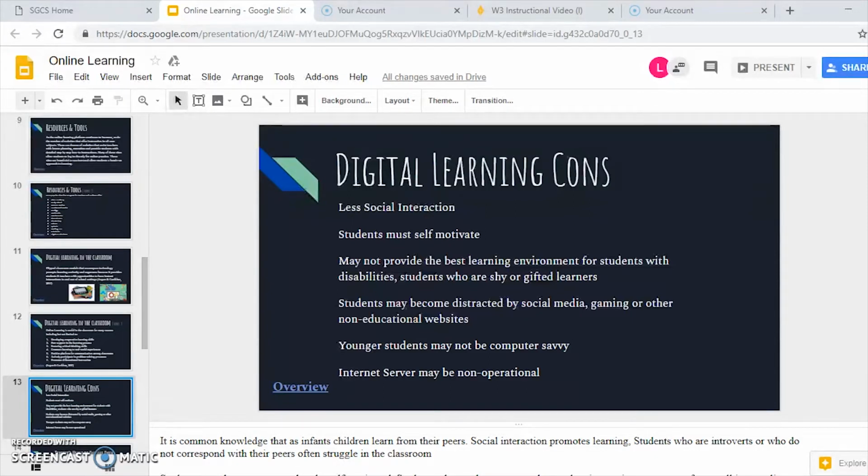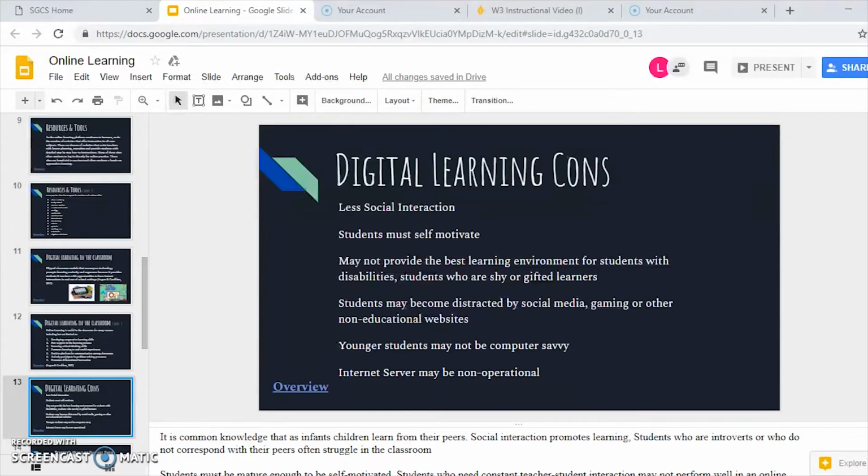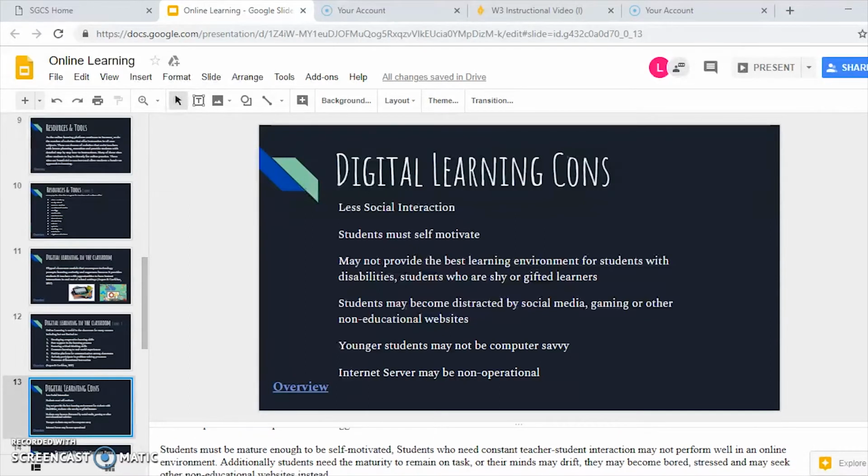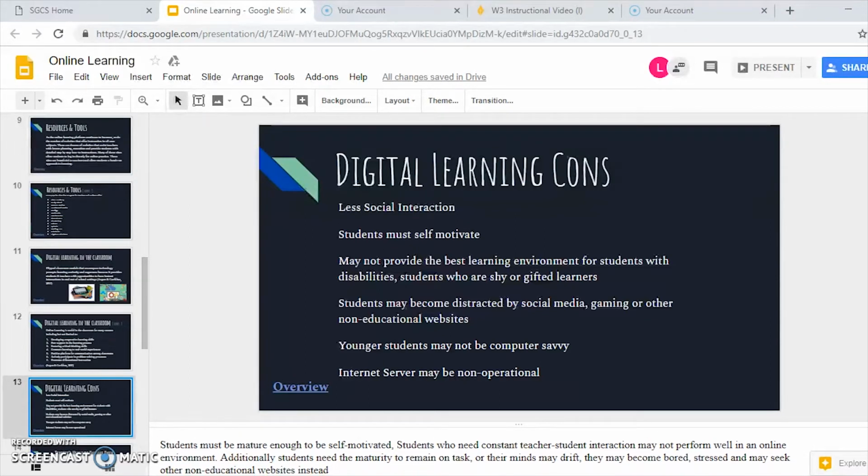It is common knowledge that children learn from their peers. Social interaction promotes learning. Students who are introverts or who do not correspond with their peers often struggle in the classroom. Students must be mature enough to be self-motivated. Students who need constant teacher-student interaction may not perform well in an online environment.